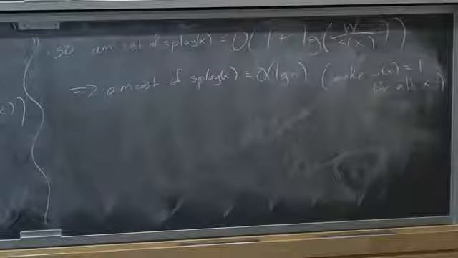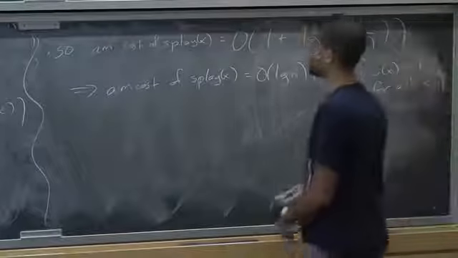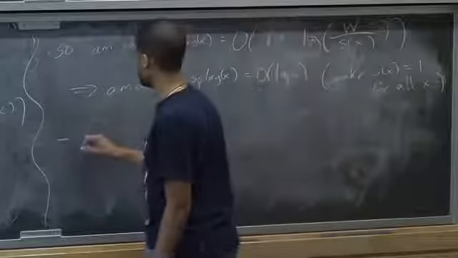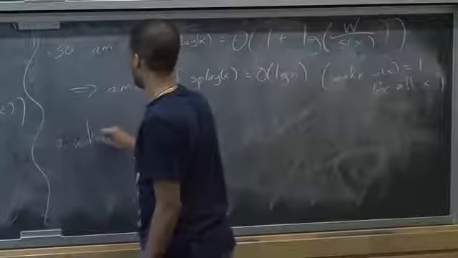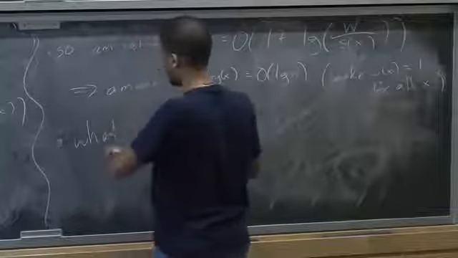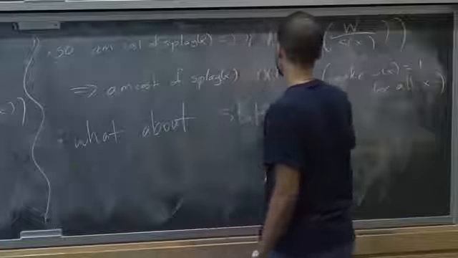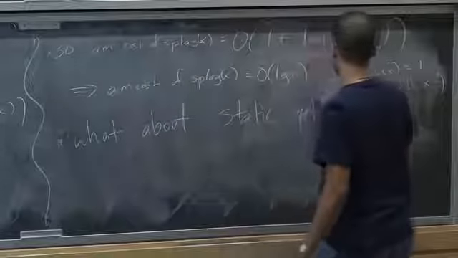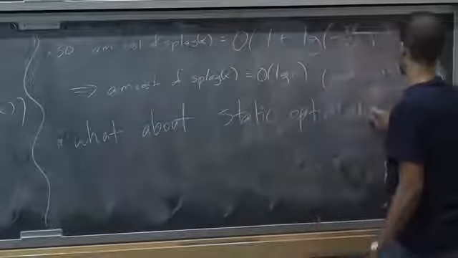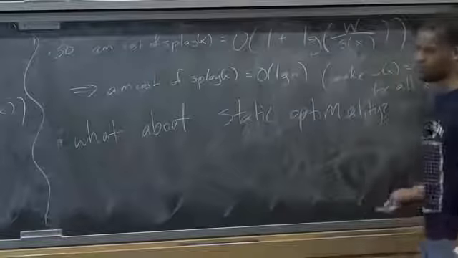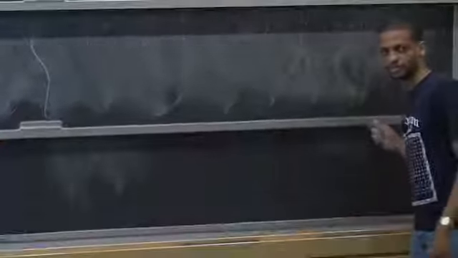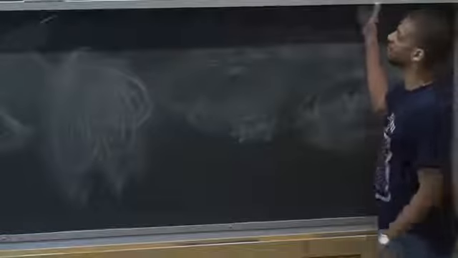But what if you want to prove these other amazing properties of splay trees? I'll just do one before the end of class. What about static optimality? How would you define the weights there?